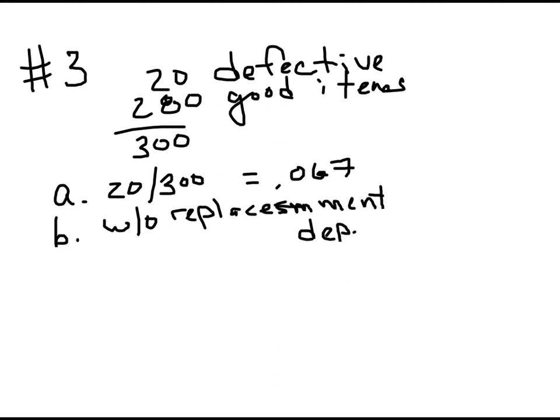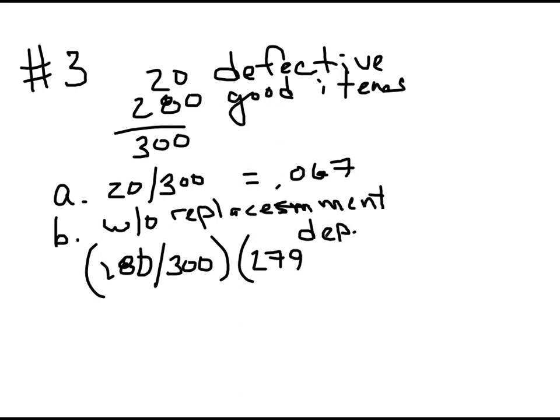So we have 280 good items, so our first selection, 280 out of the 300 are good. Then for our second selection, since we haven't replaced the items, there are only 279 good items remaining out of the 299 total items in the pool. So this gives us a total probability of 0.871.